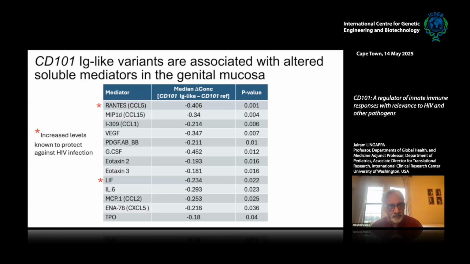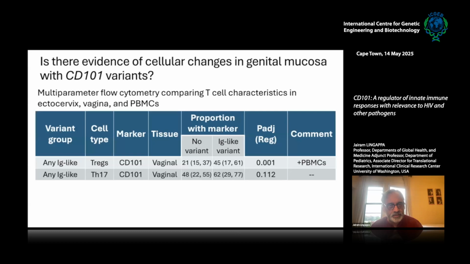And two of these, RANTES and leukemia inhibitory factor, are both factors that have been shown to have increased levels known to protect against HIV infection. And so reduction of these mediators would be associated with increased risk of HIV infection, which is what we're seeing with the Ig-like variants.